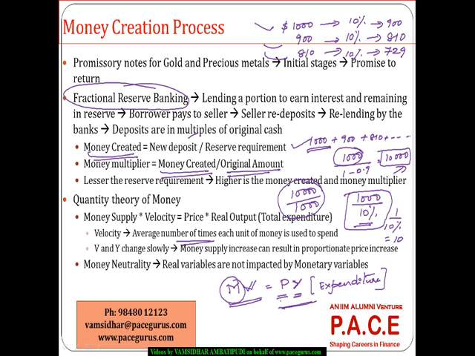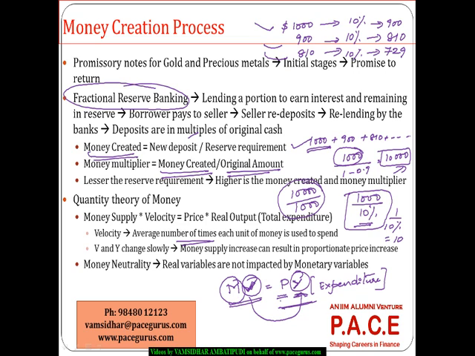Now, the reality is that velocity, whatever it is, changes only very slowly. So velocity may not change that heavily, and at the same time the real output also does not change that heavily, which means these are the real variables. Real output is not a money-based variable, it's a real variable. Velocity is also a real variable, which means these do not change that drastically.